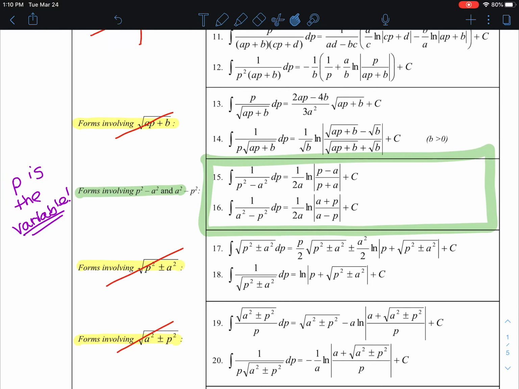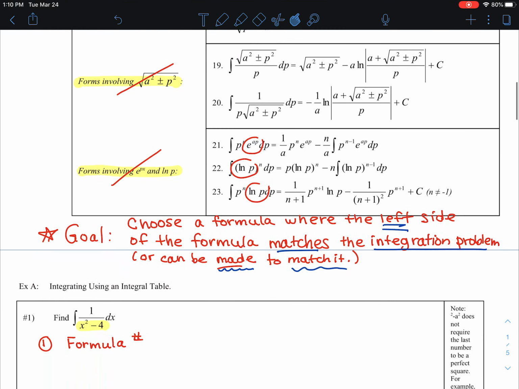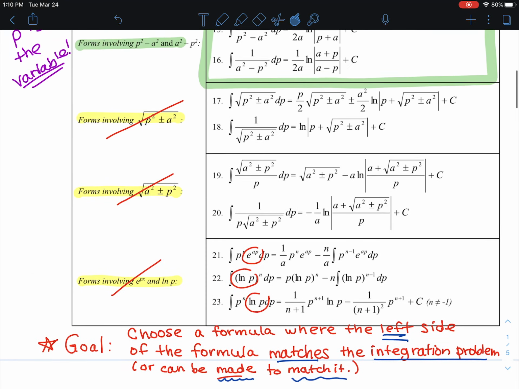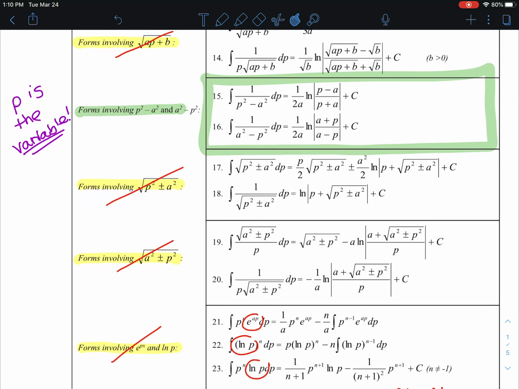Let's scroll back and take one last look at our problem. You'll notice the order that this came in: it had the variable squared first, then minus the constant. So when I look at whether to use formula 15 or formula 16, I want formula 15, because formula 15 has that variable squared first, minus the constant.